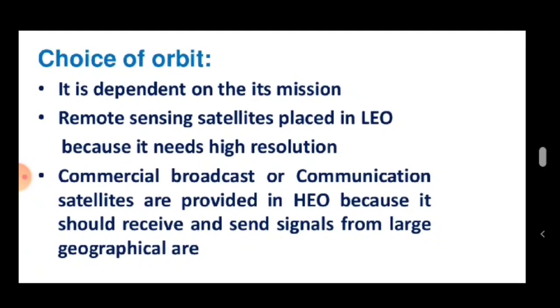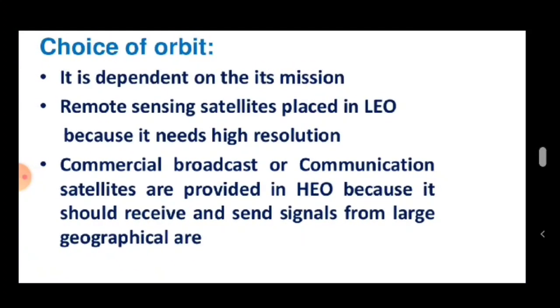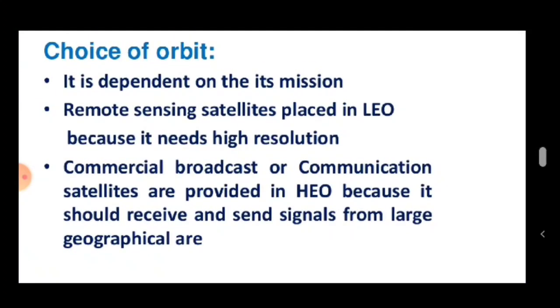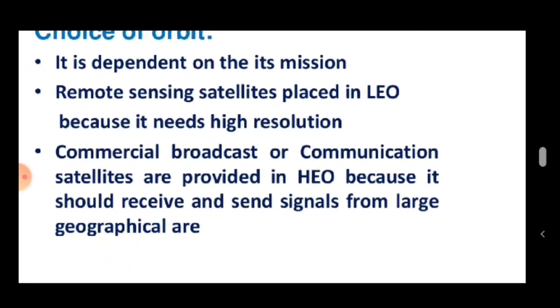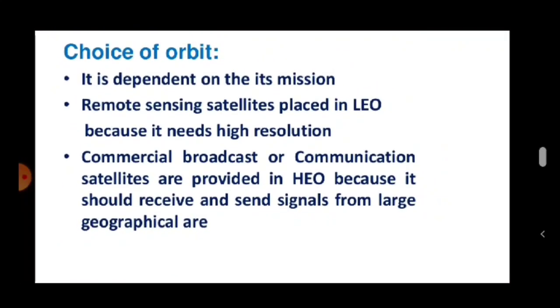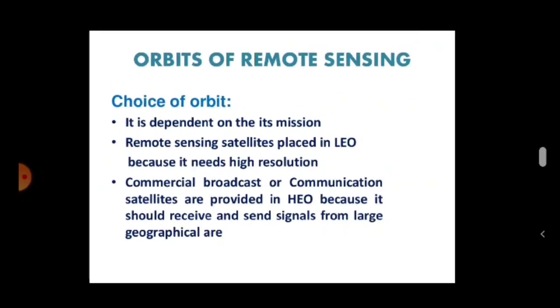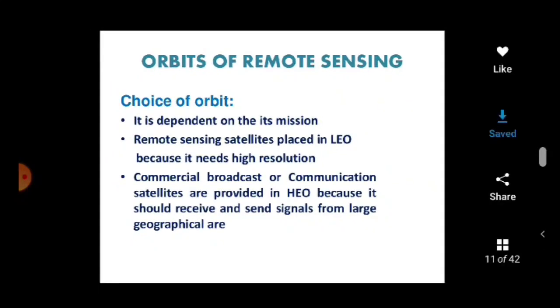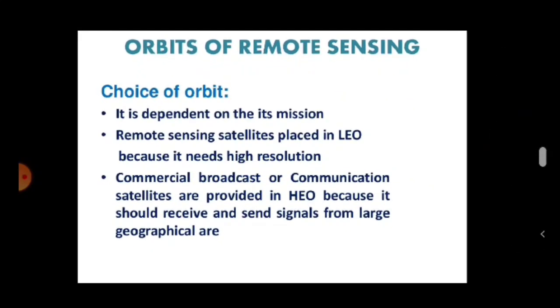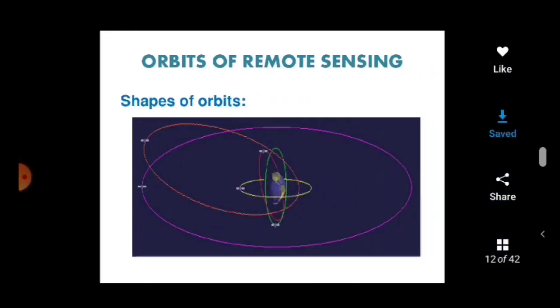Commercial broadcast communication satellites were launched in higher Earth orbits because instead of resolution they focused on receiving and sending signals for a large geographical area. So you can see how the orbit was chosen according to the purpose.